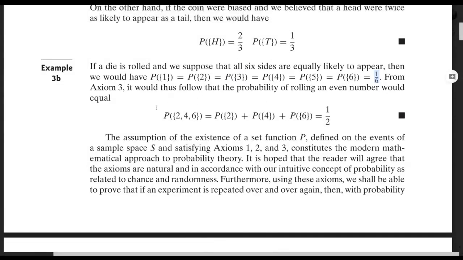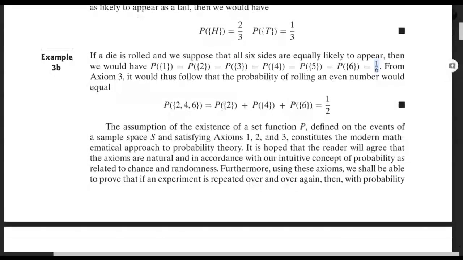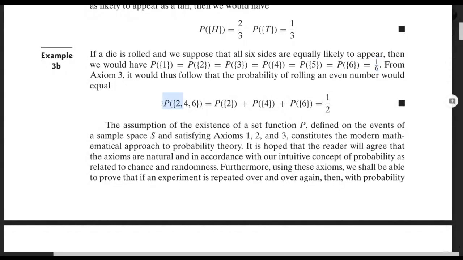From axiom 3, it would thus follow that the probability of rolling an even number would equal the probability of getting 2, 4, 6, the union, right? The probability of getting either 2 or 4 or 6 is the probability of getting 2 plus the probability of getting 4 plus the probability of getting 6, which is 3 over 6, which is a half.